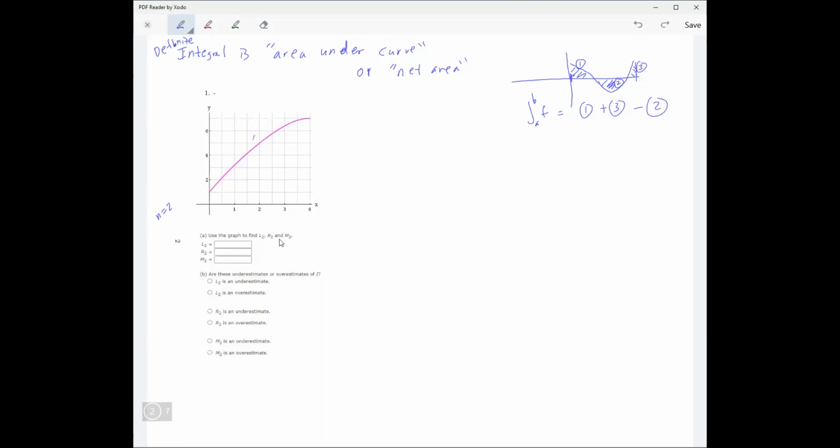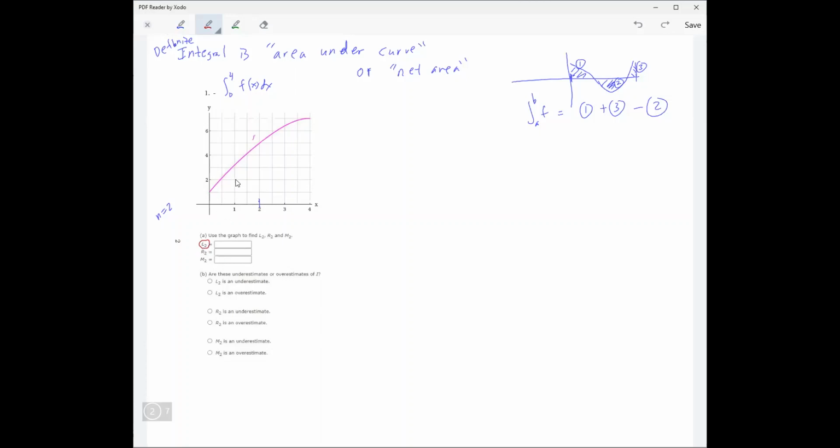What the 2 means is you're going to split this interval from 0 to 4, because we're looking at the integral from 0 to 4, into 2 pieces, one going from 0 to 2, another from 2 to 4.